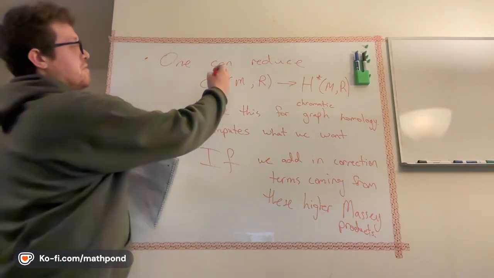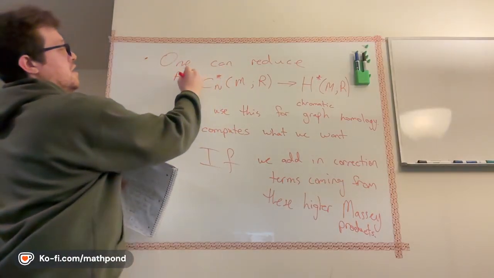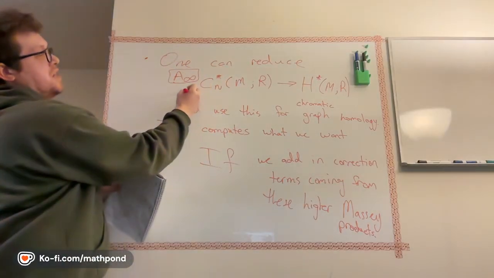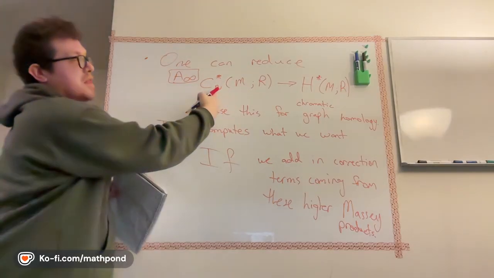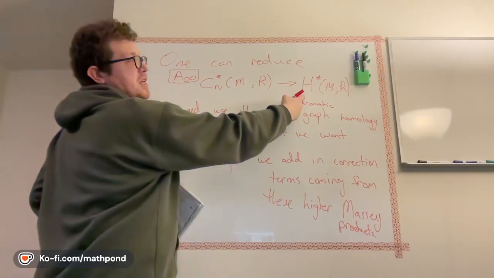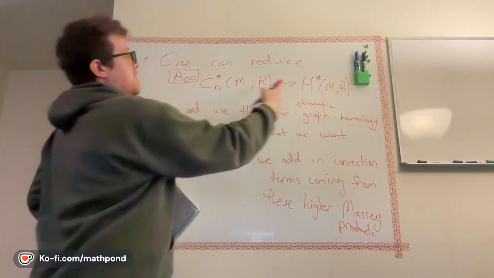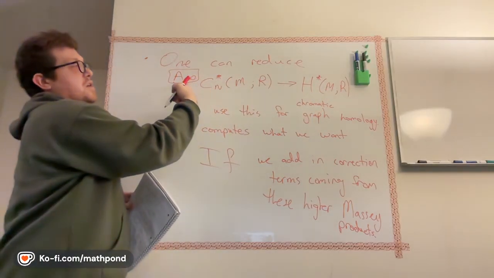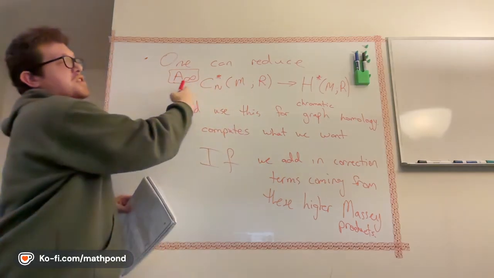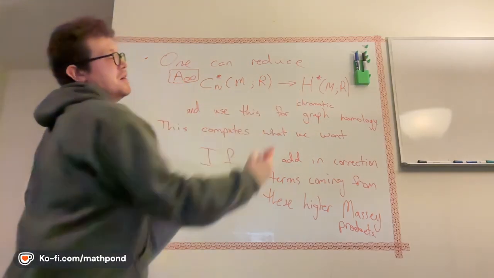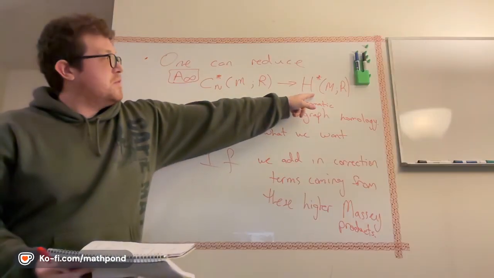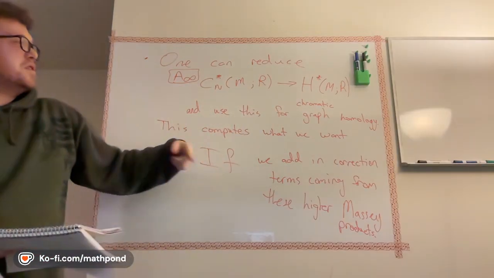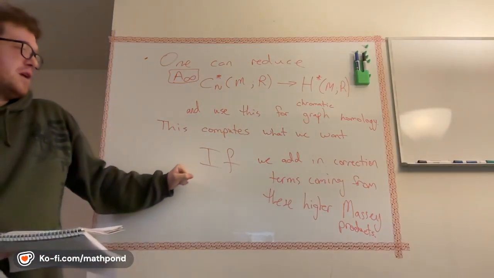So there's an A infinity structure here, which is just normal multiplication. But remember, it's not commutative. Then we can pass down to cohomology. Now it is commutative, but we can transfer this A infinity structure from here down to here. And this now is commutative, and we can use this to compute this graph homology complex.